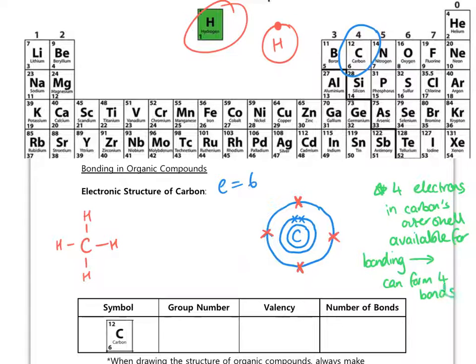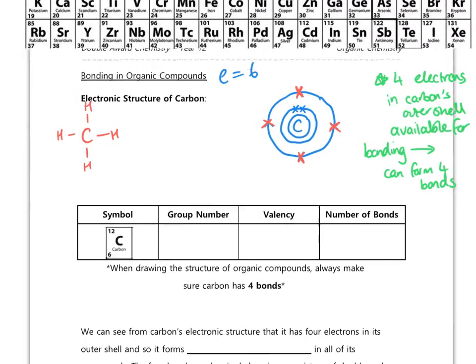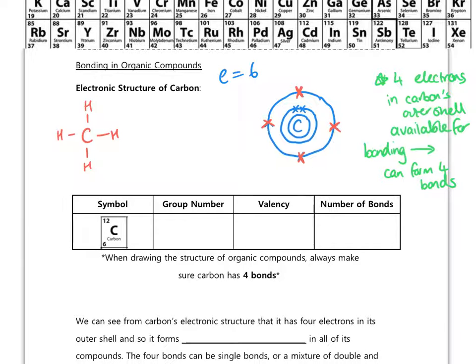Now you don't need to be able to explain that from its electronic structure, but it's helpful to see how carbon must have 4 bonds to complete its full outer shell. So just filling in this box down below, we'll move that all up here. Carbon is in group 4, you can see that from the periodic table, and that means its valency is 4, and essentially that means that it needs to form 4 bonds to get that full outer shell.